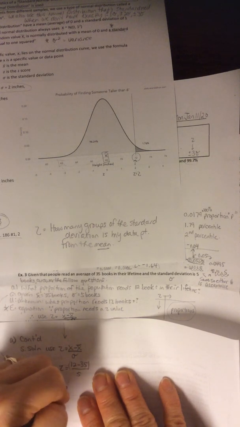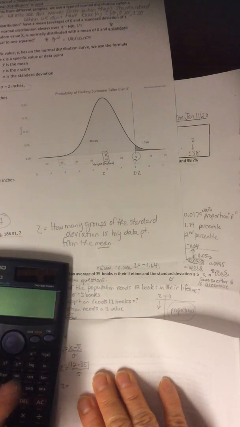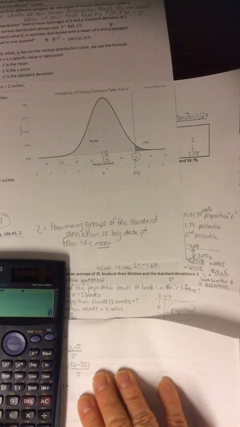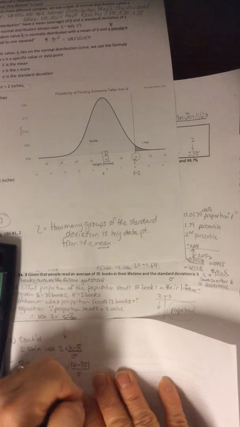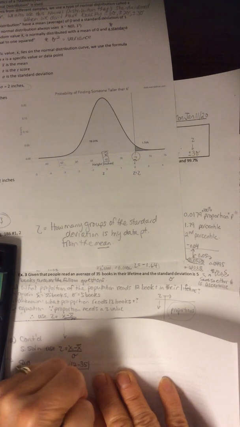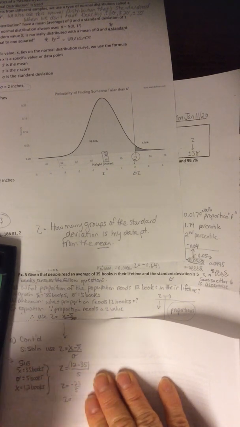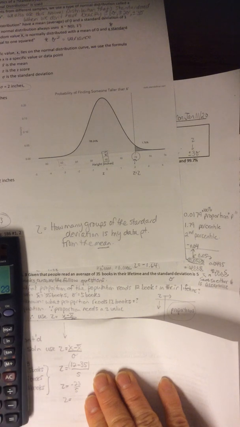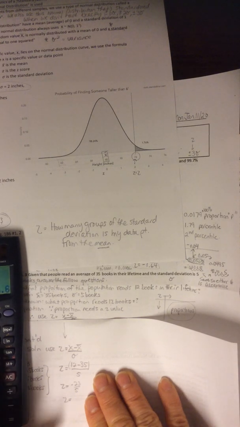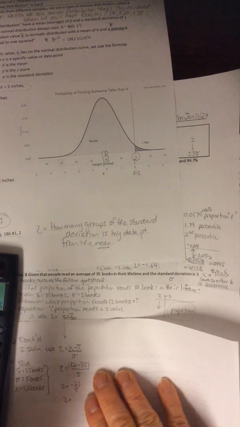Do your numerator first. 12 minus 35 is negative 23, divided by 5, negative 4.6.